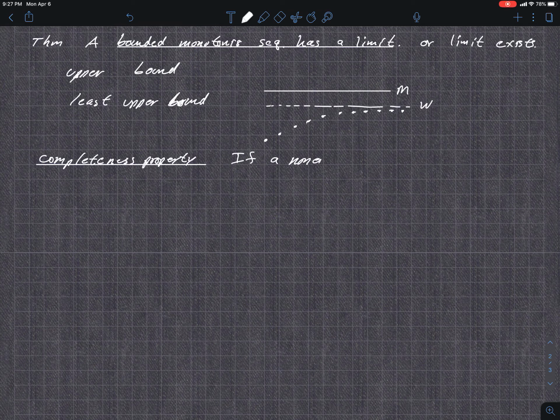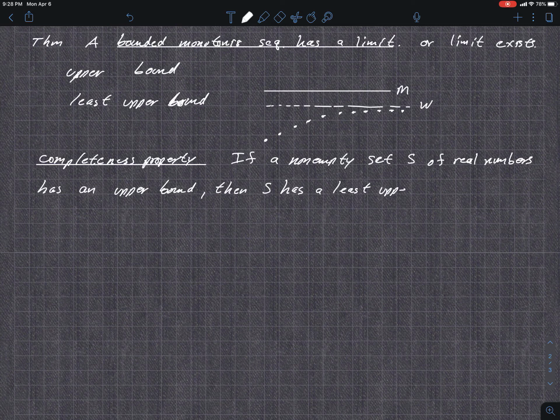It says if a non-empty set S of real numbers has an upper bound, then S has a least upper bound.